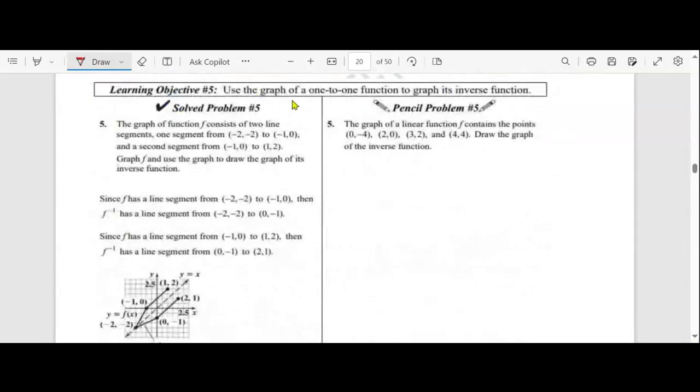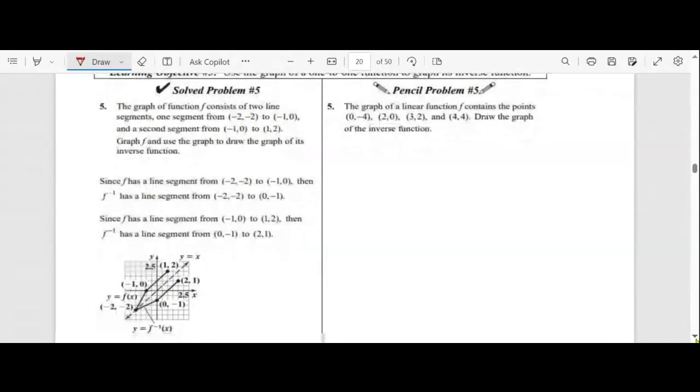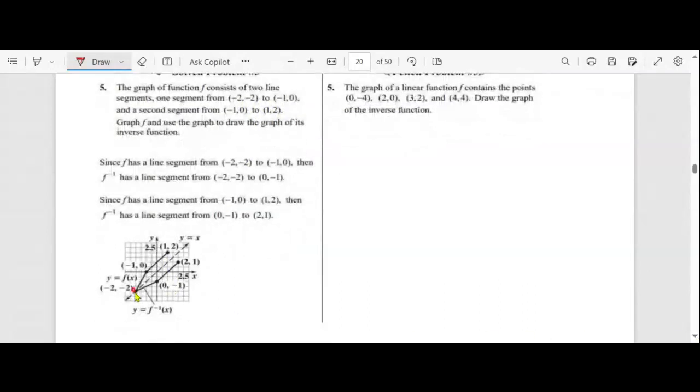Let's go for the next one. Use the graph of a one-to-one function to graph its inverse function. So here he's giving you points, right? -2. Where is -2? Here, right? -2 and 2. -1 and 0. So it's only 2 points, right?